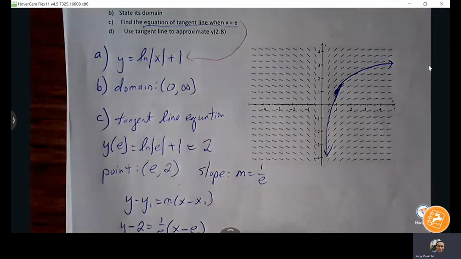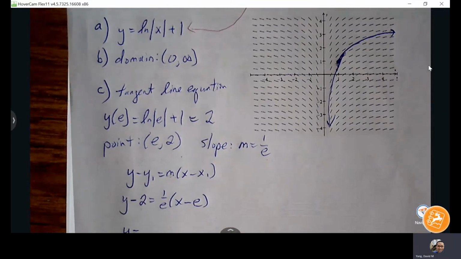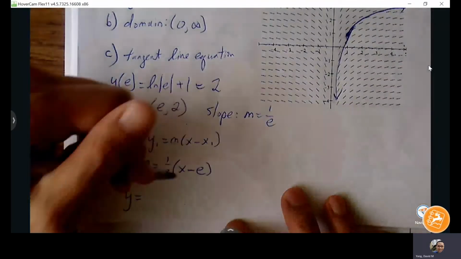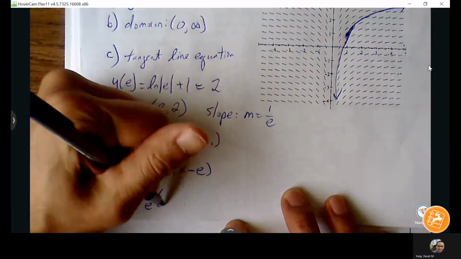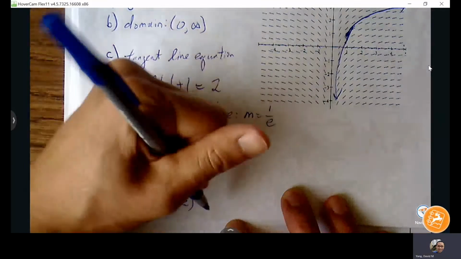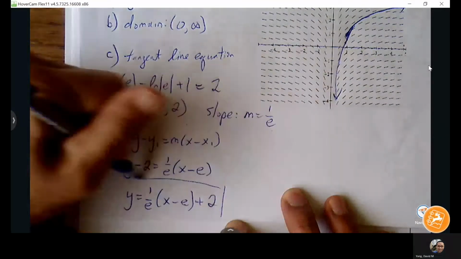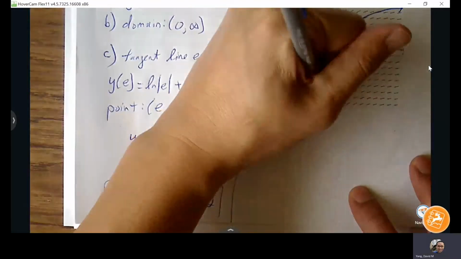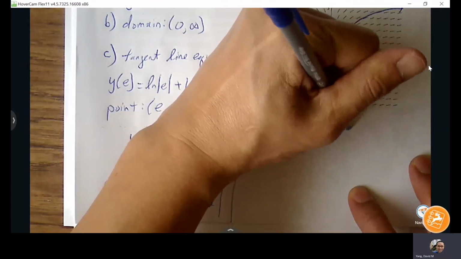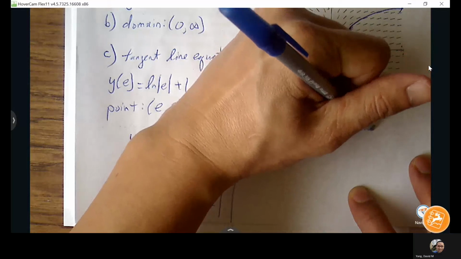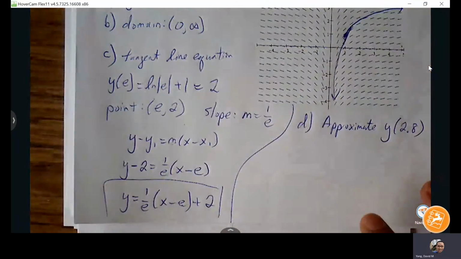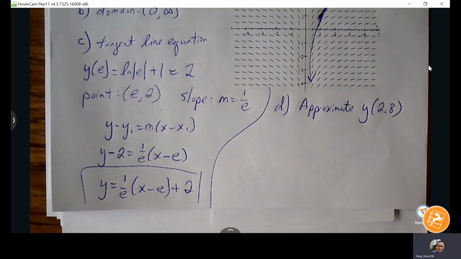Let me just move that 2 over to the right side to get it ready for part D, which is the linear approximation part. Okay, how to do linear approximation?